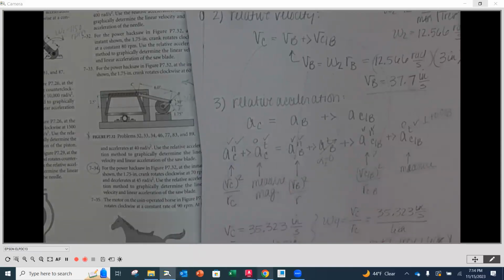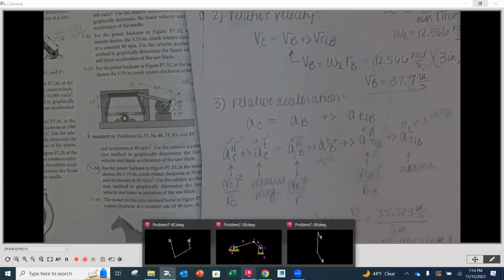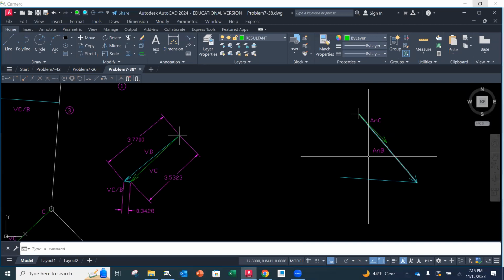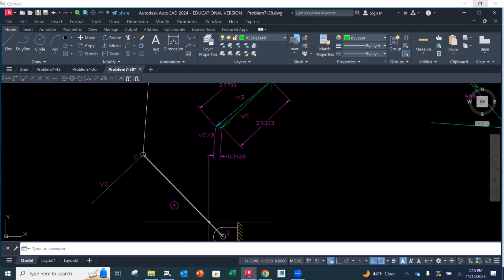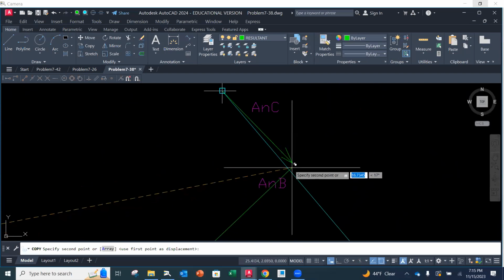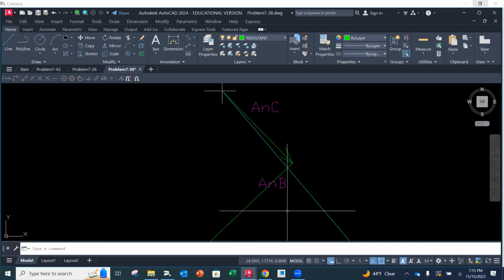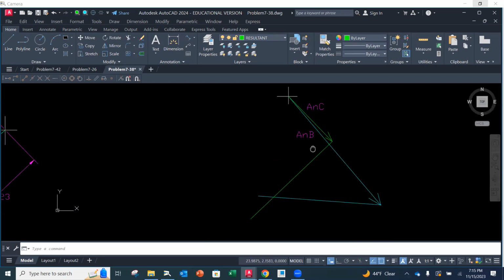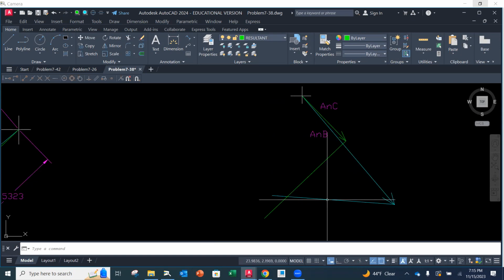So on the endpoint of C, we're going to draw a line perpendicular to link number 4, which we already have a line of action from the velocity at C. So we're going to go like that. And we are going to go on the very end point of C. All right, and look at that. We have an intersection. If you did them the same length as me, which you may not have.